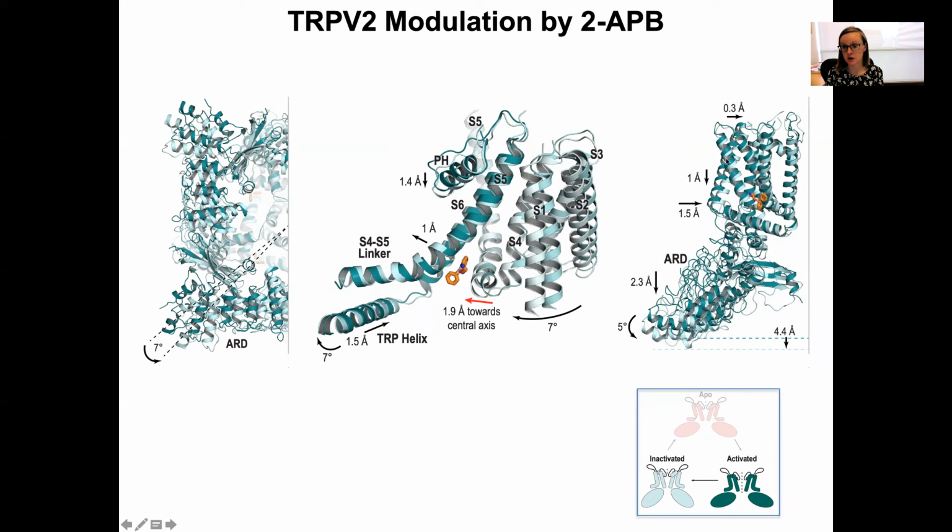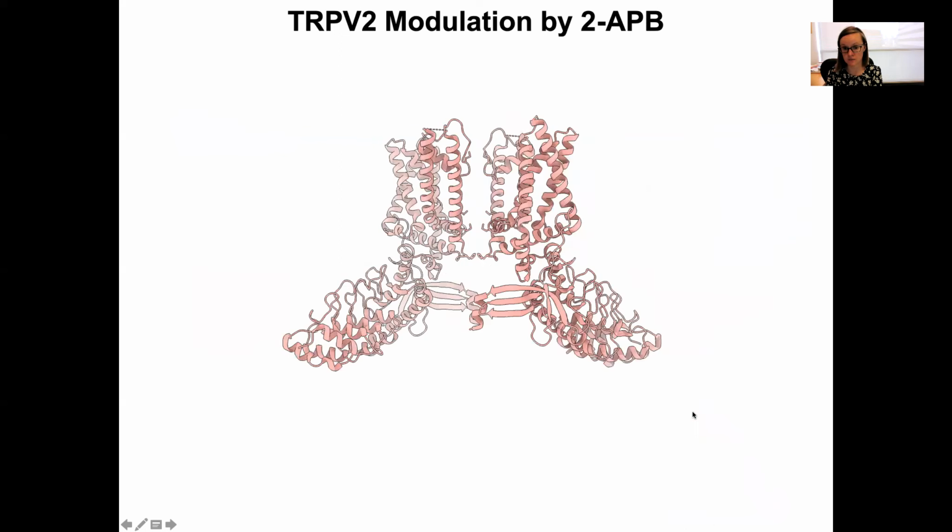More interestingly, all of those conformations lead to a motion bringing the anchoring repeat domains down by almost 4 angstrom. So we can say that we see the activated state transitioning towards the inactivated state, and eventually it will transition to the apo state.